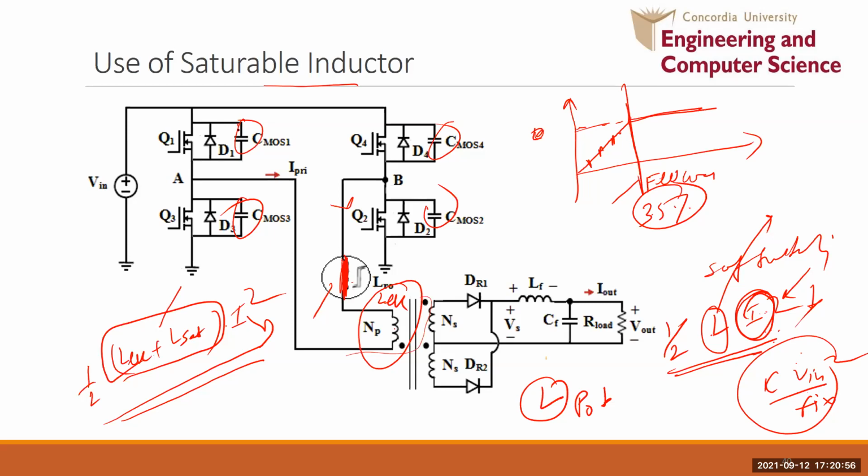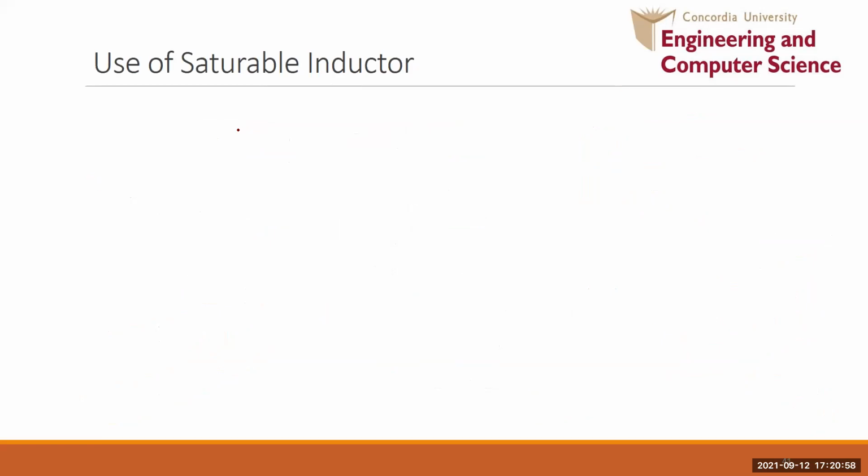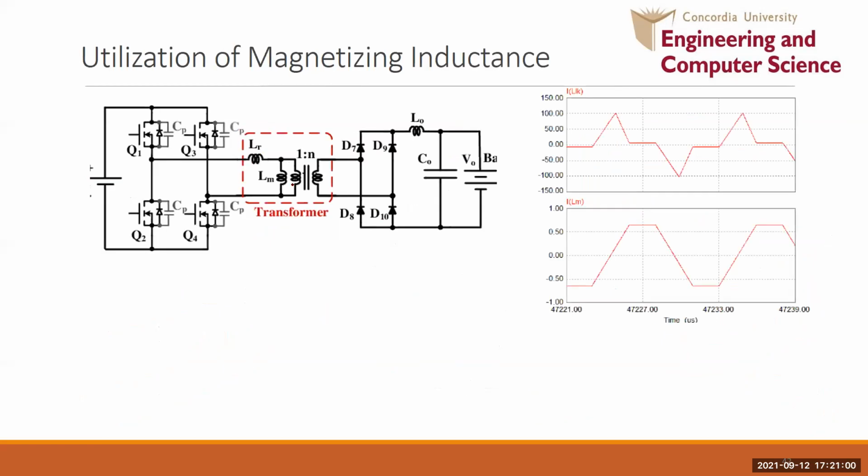Another point: earlier we were talking about the leakage part. Now let us see the magnetizing part of the transformer. The magnetizing part of the transformer is always a fixed, small value.